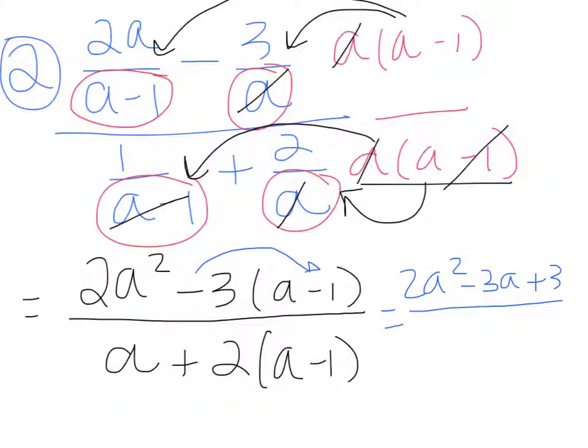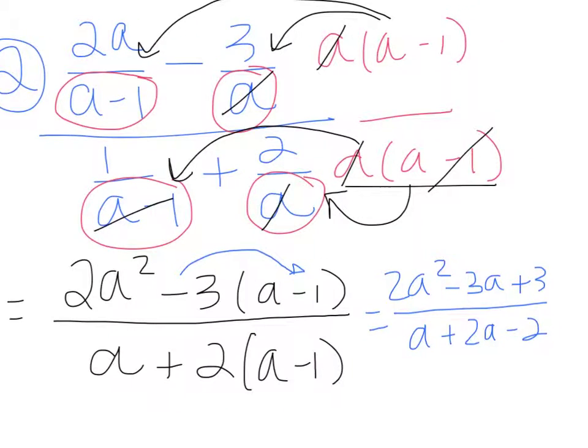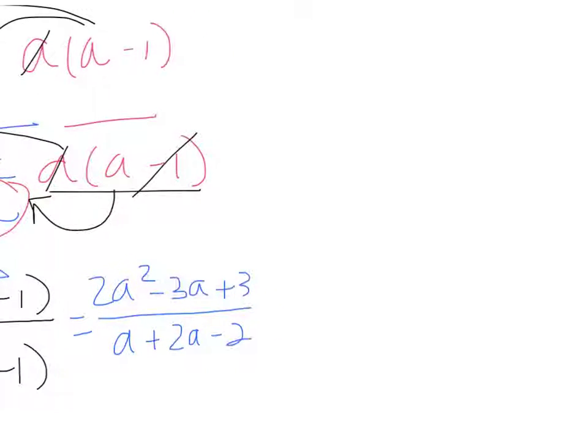On the bottom, an a plus a 2a, and then minus 2. Alright, so we're almost there. On the bottom, I've got 3a minus 2, and I combine all my terms.